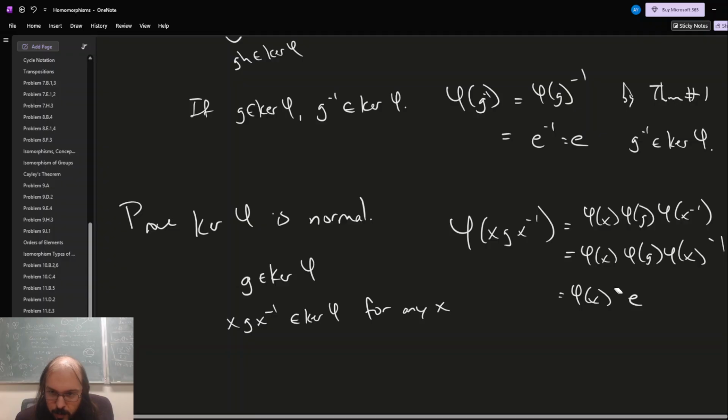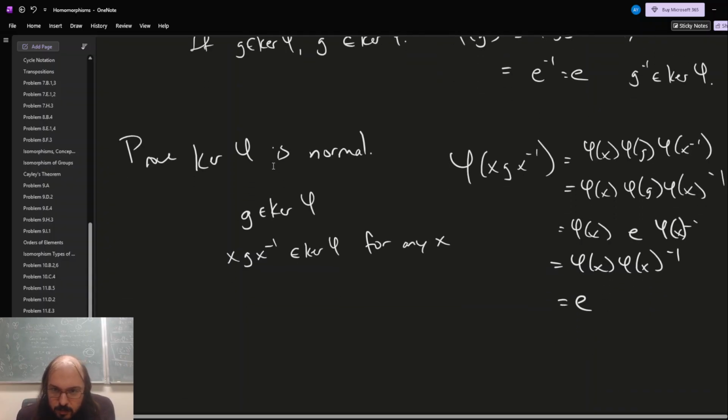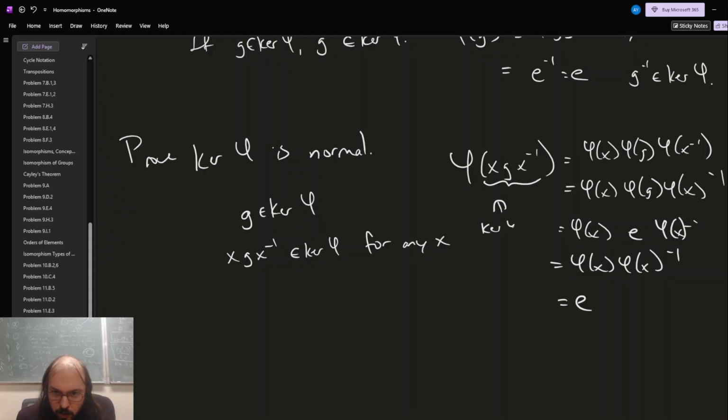Phi of x inverse is phi of x inverse, which is e. And therefore x g x inverse belongs to the kernel of phi, as we wanted to prove.